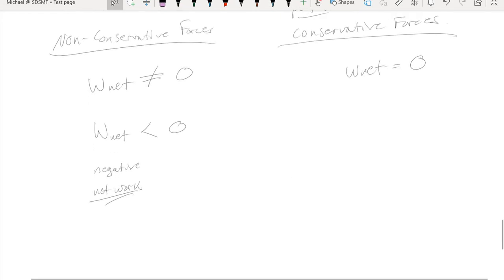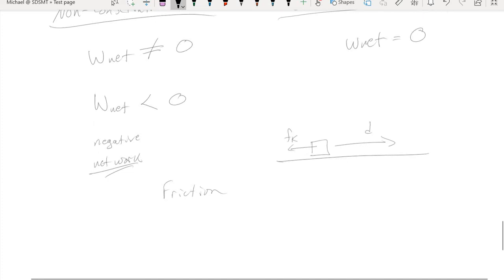An example of a non-conservative force would be friction. A really easy way of showing that would be to take a block, allow friction to act on it. In this case, it would have to be kinetic friction because you move.